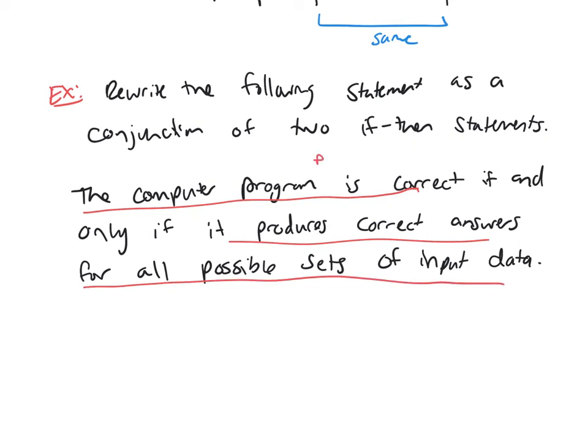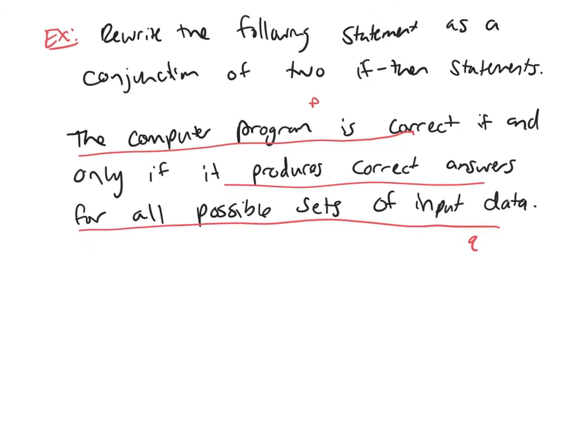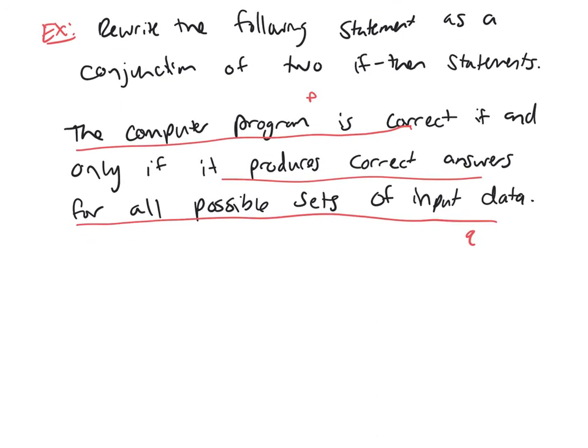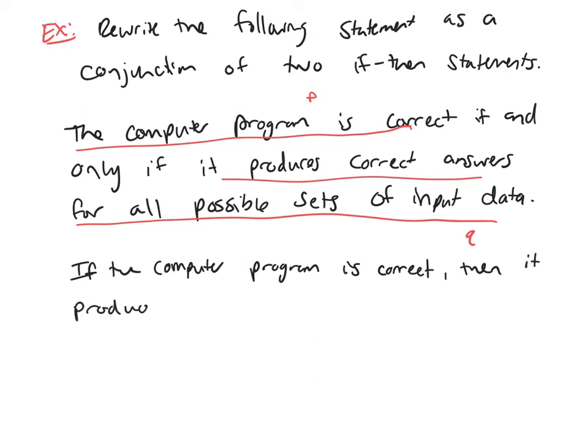So this would be like our P, this would be like our Q. So then I'm going to write if P then Q, if the computer program is correct, then it produces correct answers for all possible sets of input data.